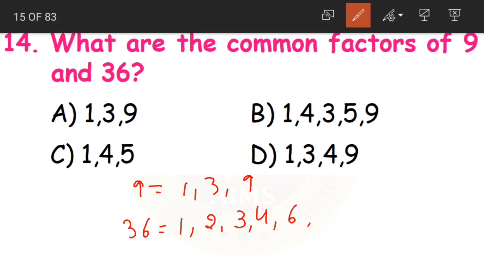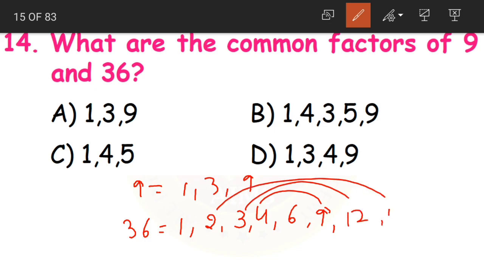Does it come in the 5 table? No, we have it in the 6 table. Yes, 6 6s are 36. Then 4 9s are 36. Yes, so 9 here, 3 12s are 36, 2 18s are 36, and then 1 36 is 36.